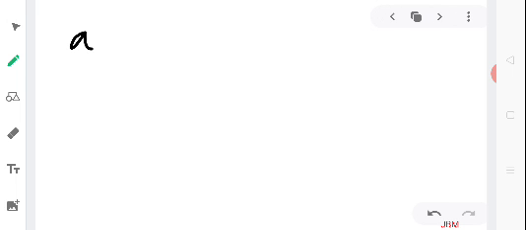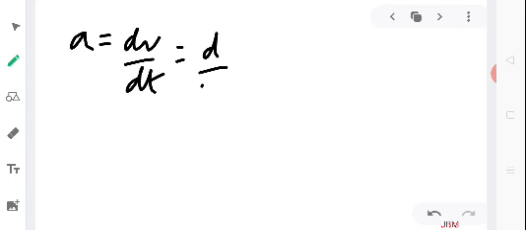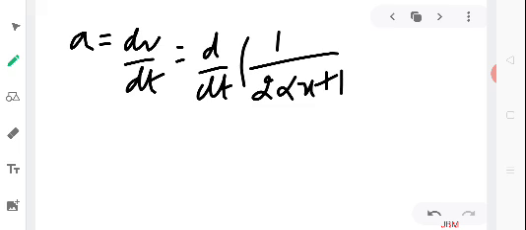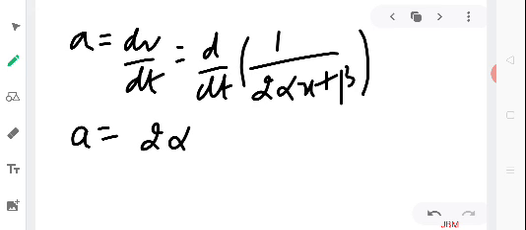We know that acceleration is equal to dv by dt. So this means we have to differentiate the expression for velocity, and velocity was coming 1 by 2 alpha x plus beta. When you differentiate it, you will get 2 alpha x plus beta.